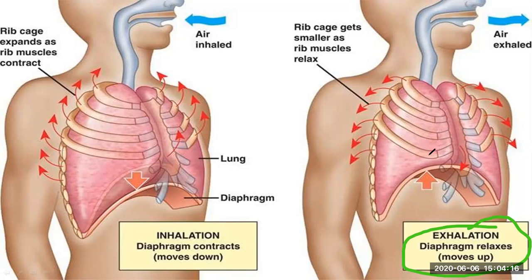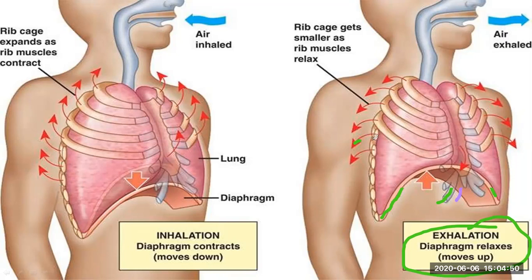The air volume increases, and in expiration, firstly the diaphragm regains its original shape, that is the dome-shaped structure. It will try to come back into the dome-shaped structure. Now when it comes into the dome-shaped structure, what will happen?